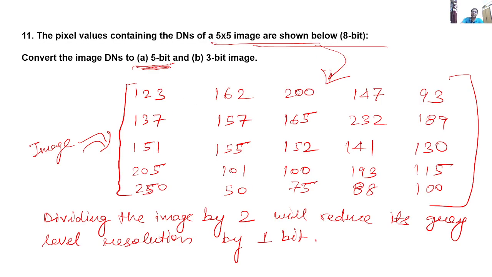Okay, so you just divide each element of this image by 8, and then round them up, because the DNs are never fractional numbers; they are always integers. Just round them up, and you get the DNs corresponding to 5-bit resolution.